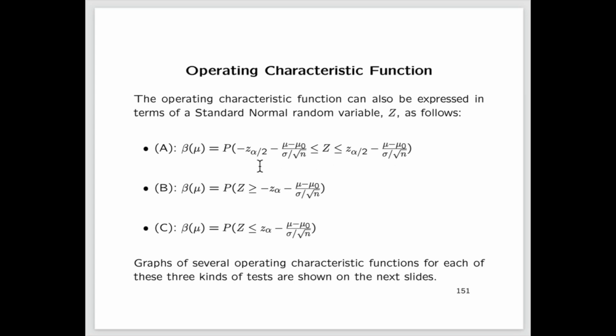Negative z sub alpha over 2 minus mu minus mu naught all over sigma over the square root of the sample size is the lower endpoint.